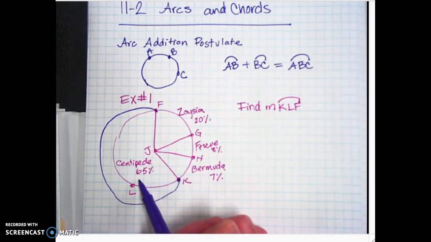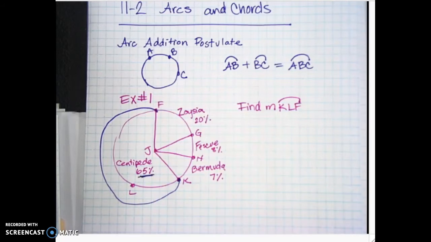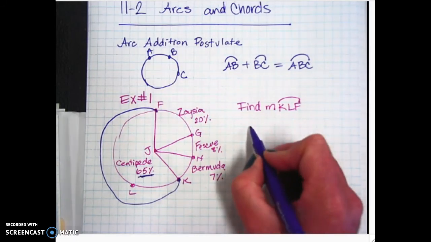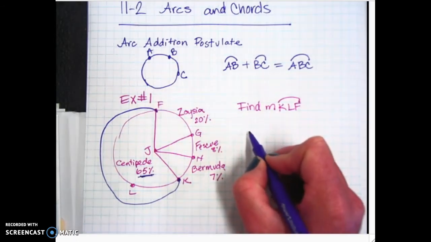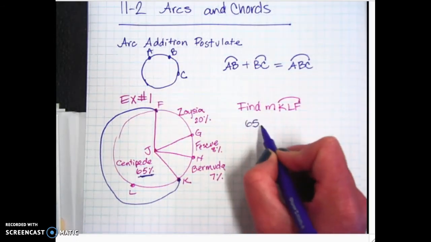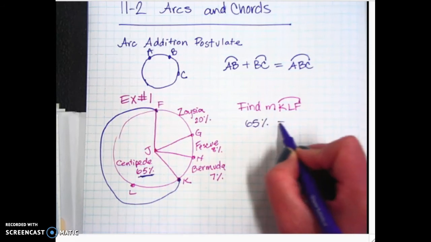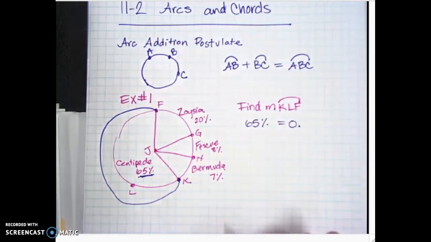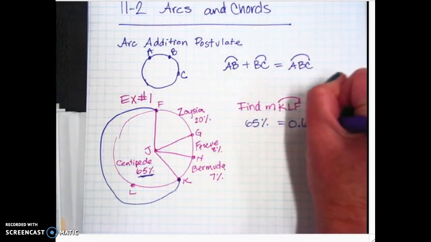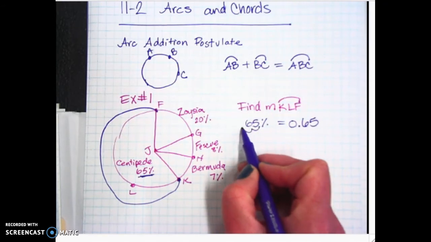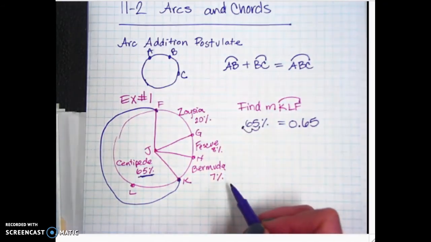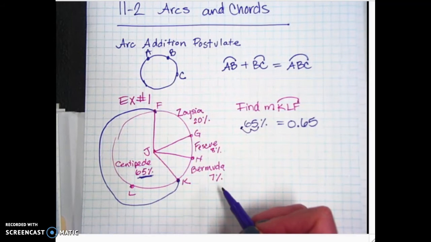So if we look and we see that it's 65%, we can take 65%, which, if we change that to a decimal, is equal to what? 0.65. So you just want to take the decimal point from here, move it 2 places to the left, and you're going to get 0.65. And then we're going to multiply that by 360.